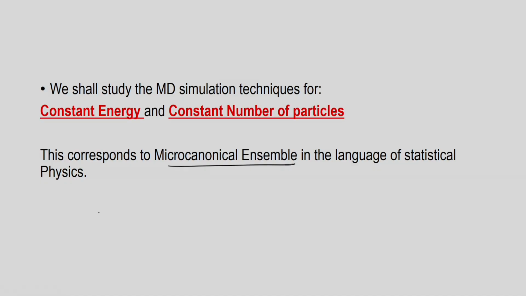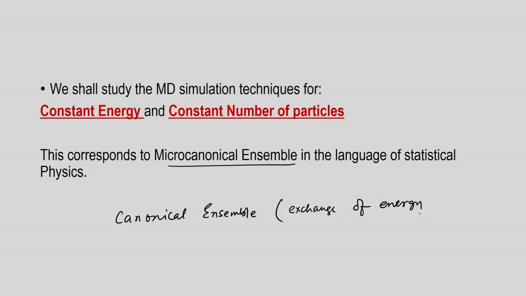So, these are some ensembles that one talks about. As I told, there are three of them. One is called the microcanonical, which is already said, and then we can have a canonical ensemble, which talks about exchange of energy, and there is also a grand canonical ensemble, which talks about exchange of the number of particles.